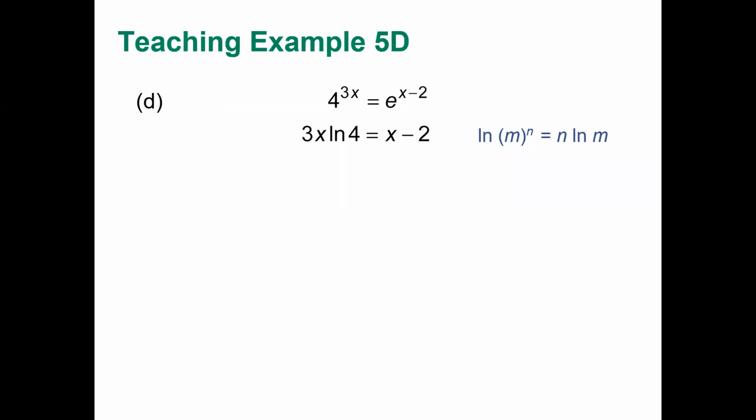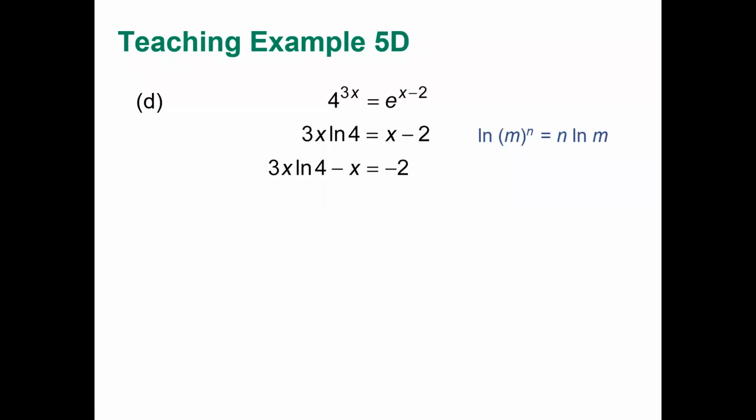And then my goal is to get my x's together. So I need all x's on one side and all non-x's on another side. So I'm going to subtract x. And when I subtract x, that allows me to factor out x.